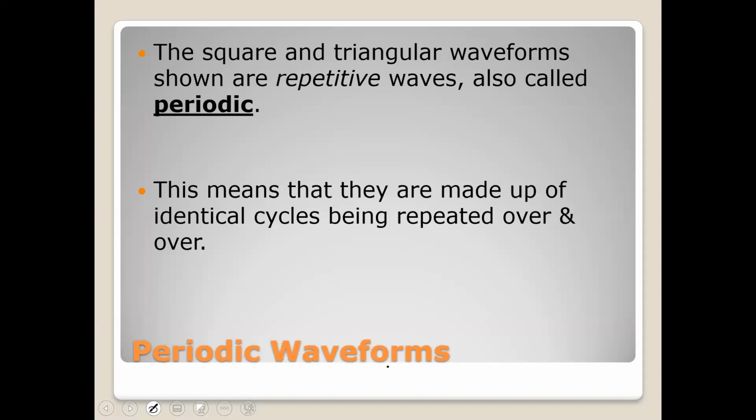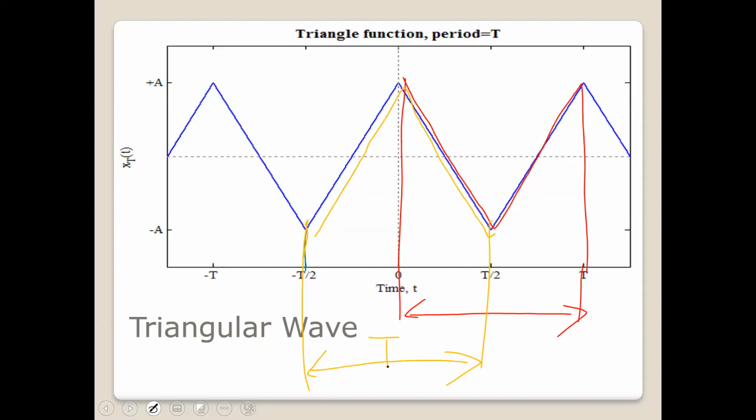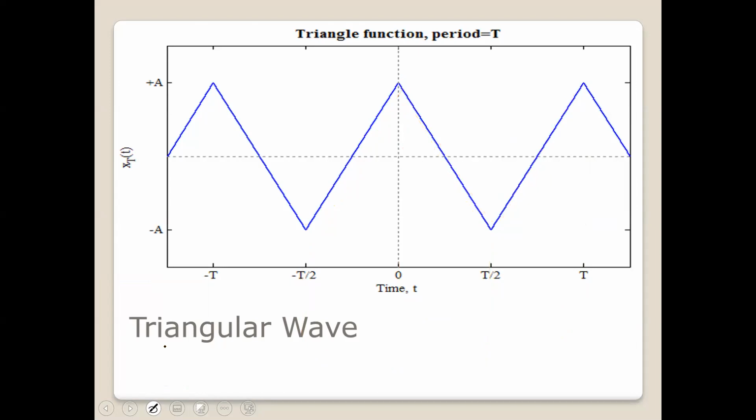The waveforms that we just showed are repetitive. All right. If you note here, we have the same period. So in other words, the time taken to complete a waveform, regardless of where we start from, is the same. And we see that the waveforms repeat themselves.